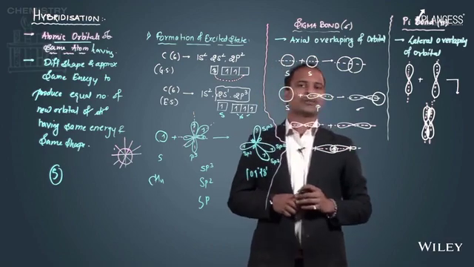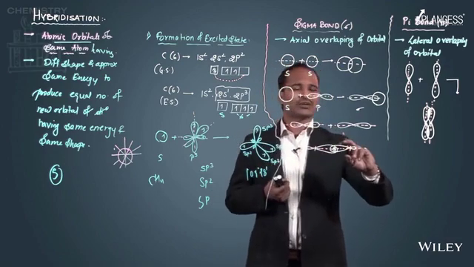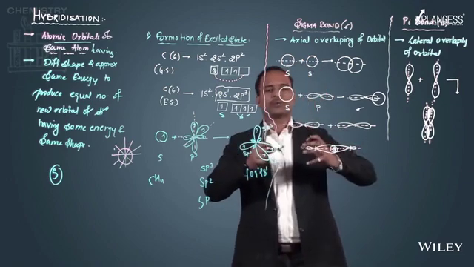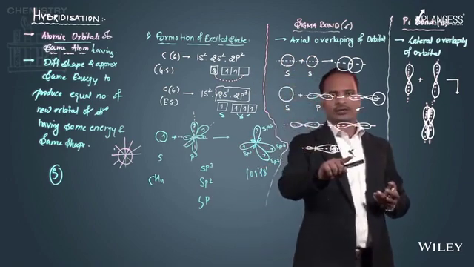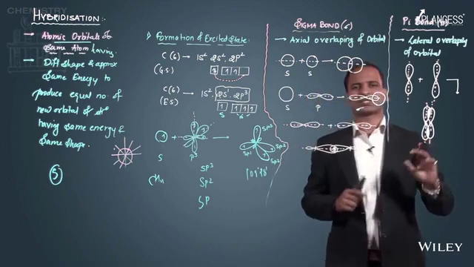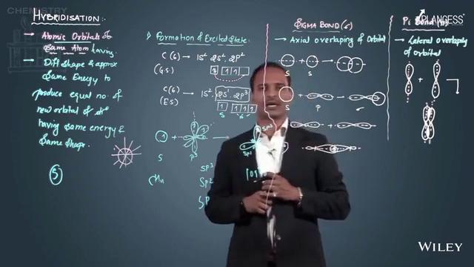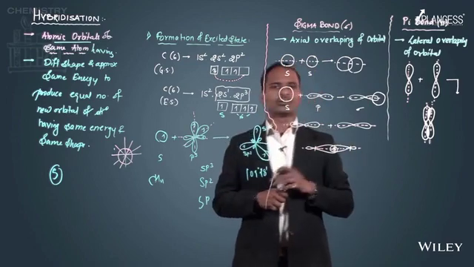Since in a sigma bond the overlapping takes place on axis, rotation of atoms is possible. In this case, such rotation is not possible because the bonds are not formed on axis. Here, it's a lateral overlapping.